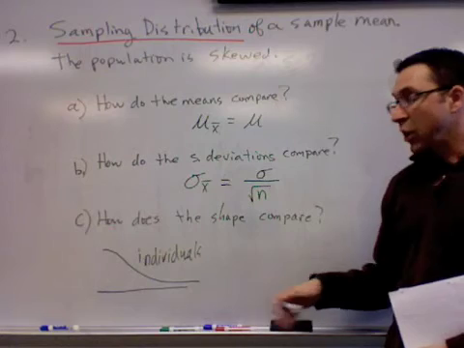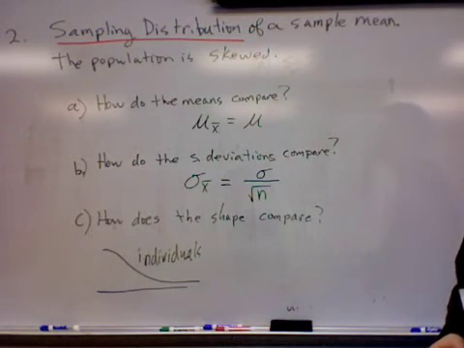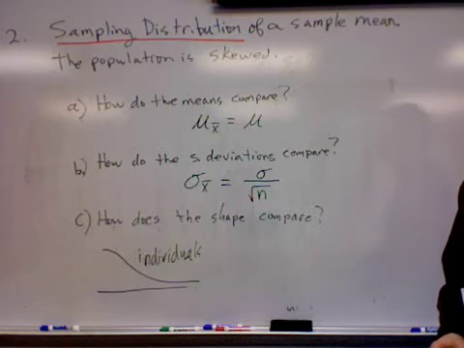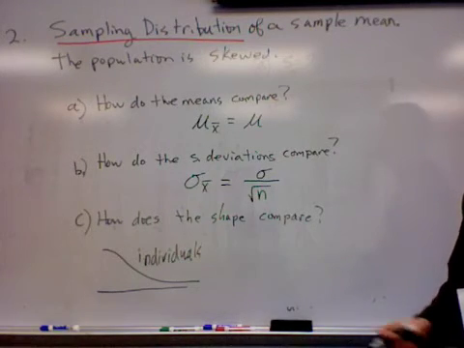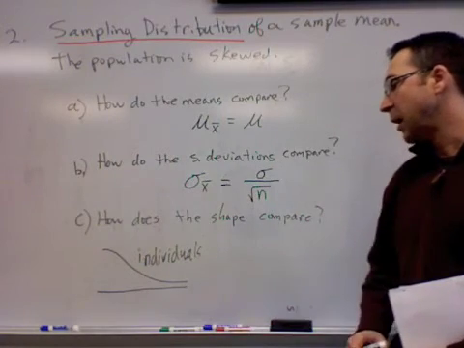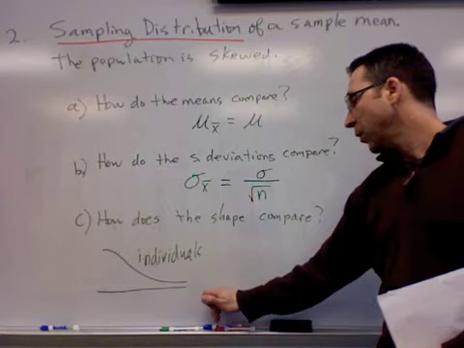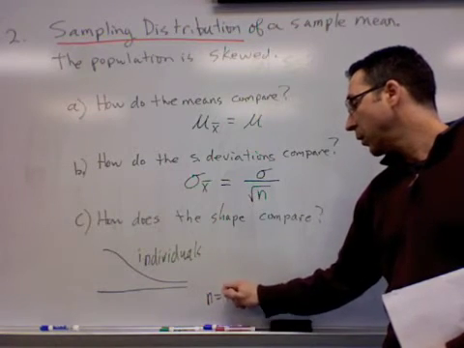If you actually started doing a sampling distribution and started taking collections of, let's say, 20 or 15 individuals for each sample, you end up getting something that's starting to look more normal.